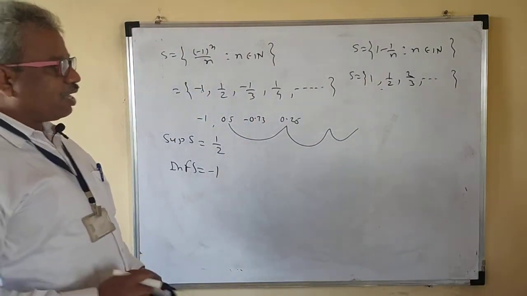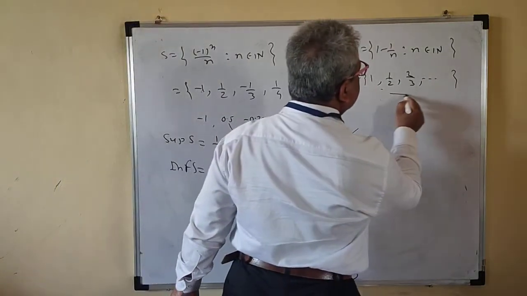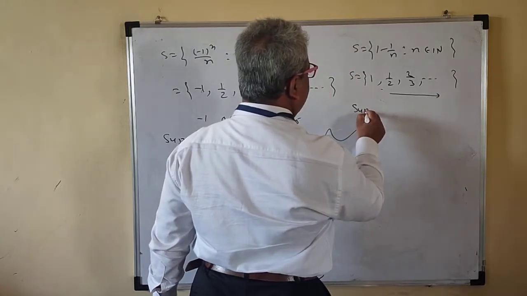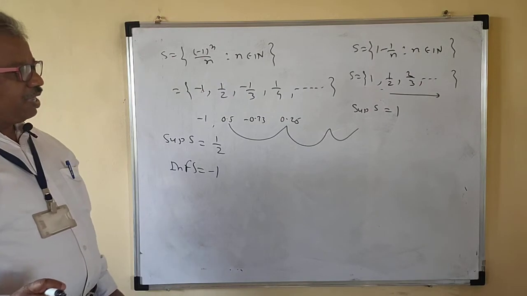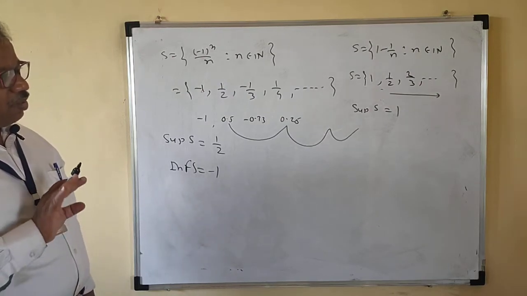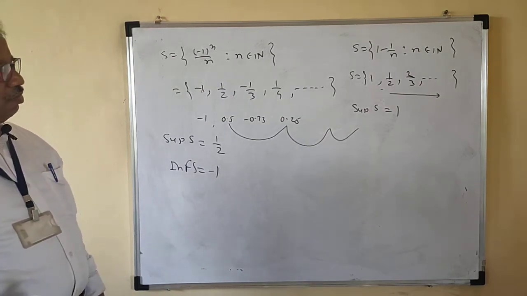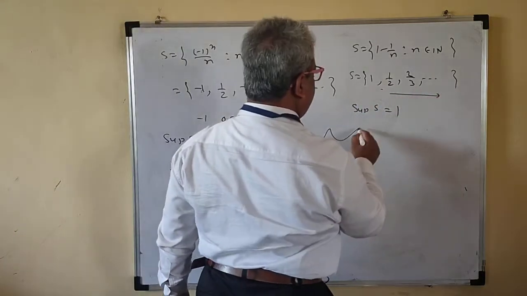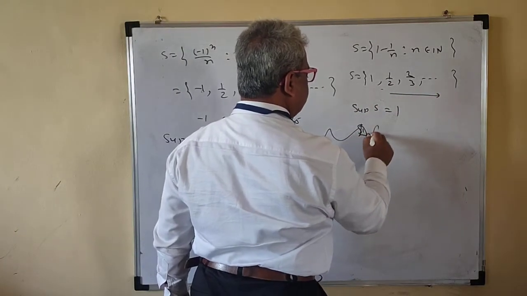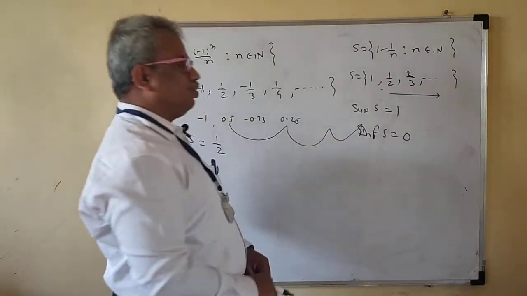The numbers are increasing now. The supremum of S means 1 is the biggest one. And now the number tends to 1. See here, this becomes smaller and smaller.